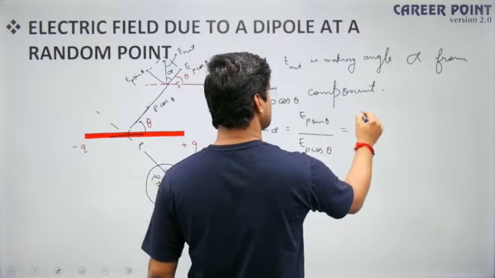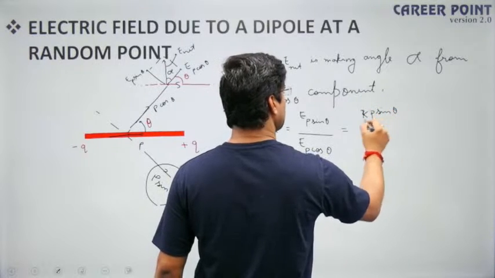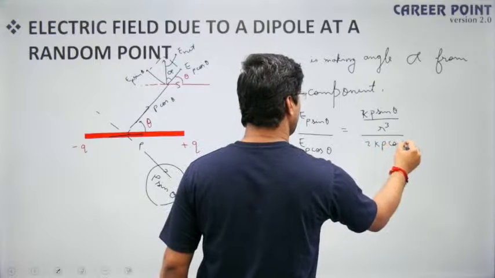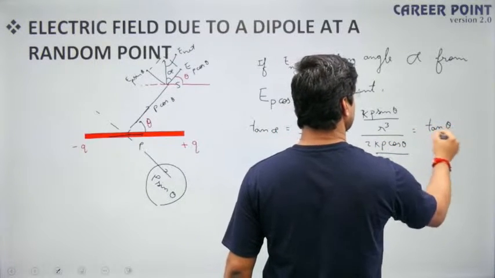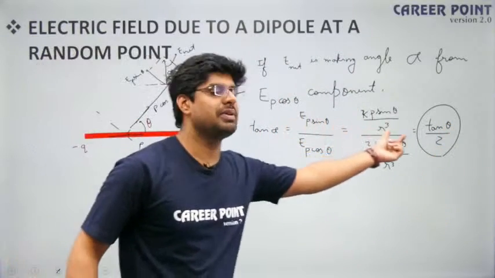This will give us kp sin theta by r cube divided by 2 kp cos theta by r cube. So this will give me tan theta by 2. Okay, this is giving us tan theta by 2 as the value.